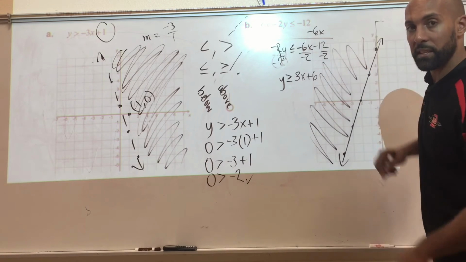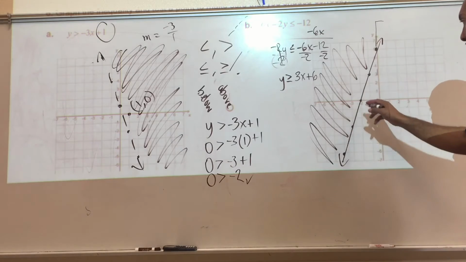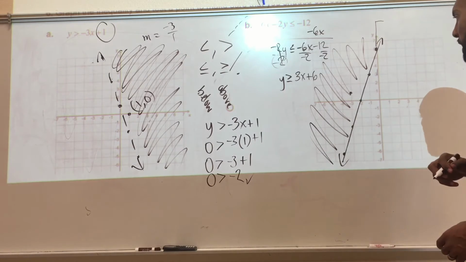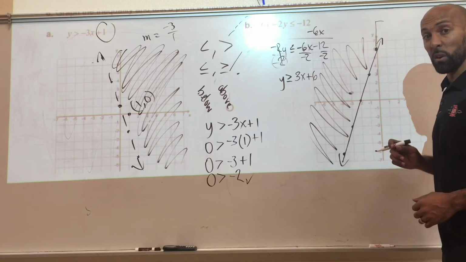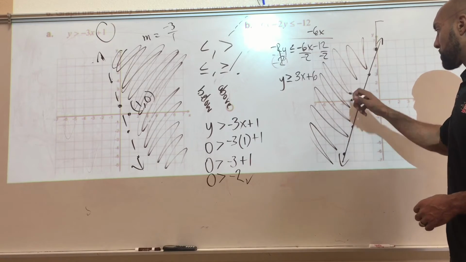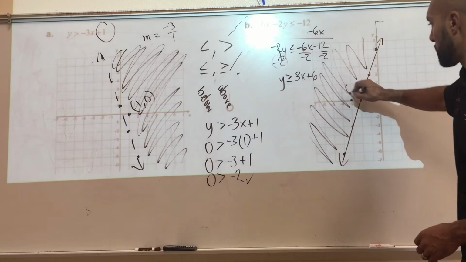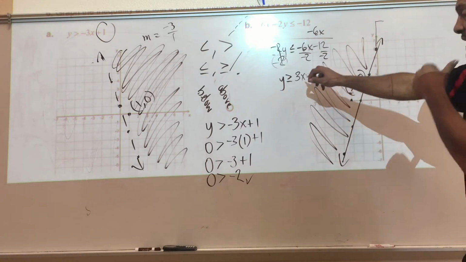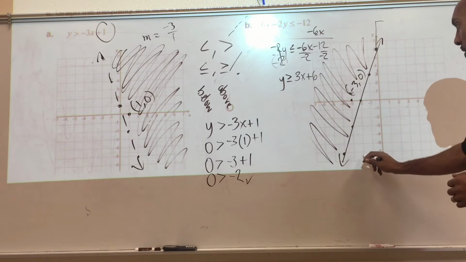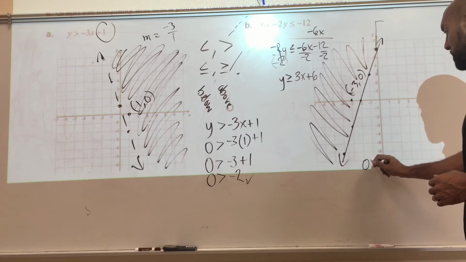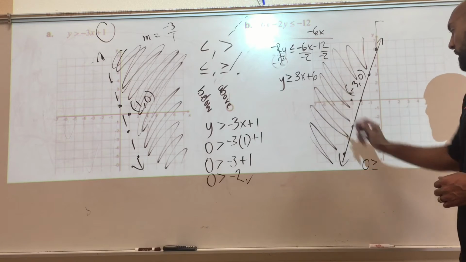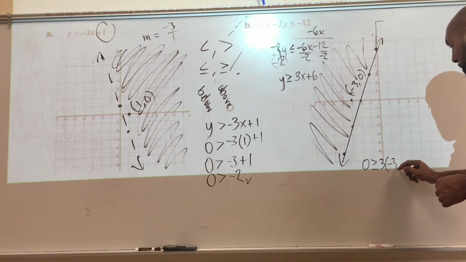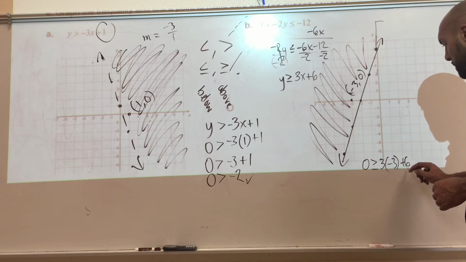But again, we always test it anyway. So let's pick a point. Let's do negative 3, and actually let's do one with a 0. We'll do negative 3 and 0. Now plug that into the original inequality. So 0 goes in for y, and then 3 times the negative 3 plus 6.